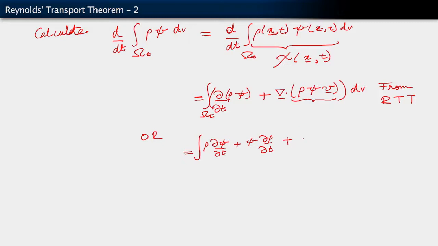I can write that as psi times the divergence of rho v, plus rho v dotted with the gradient of psi.